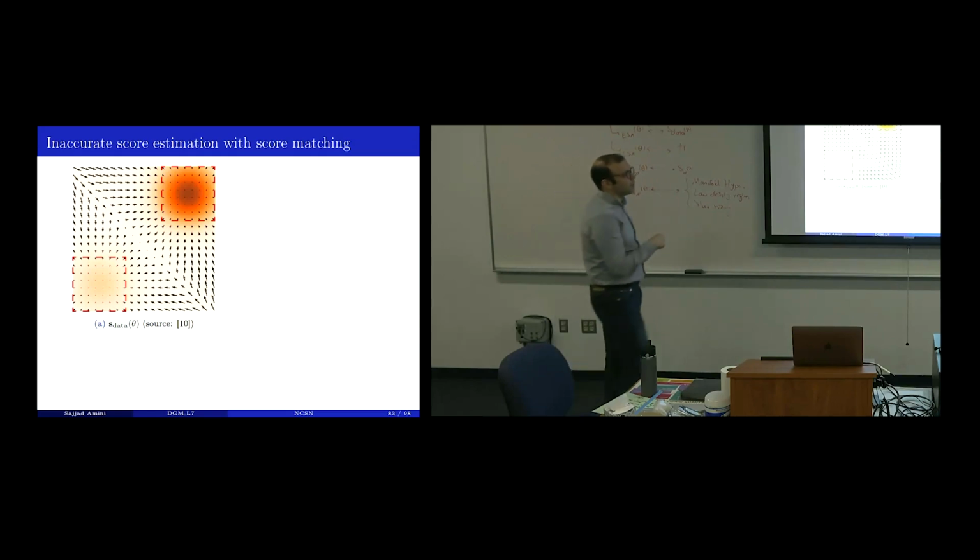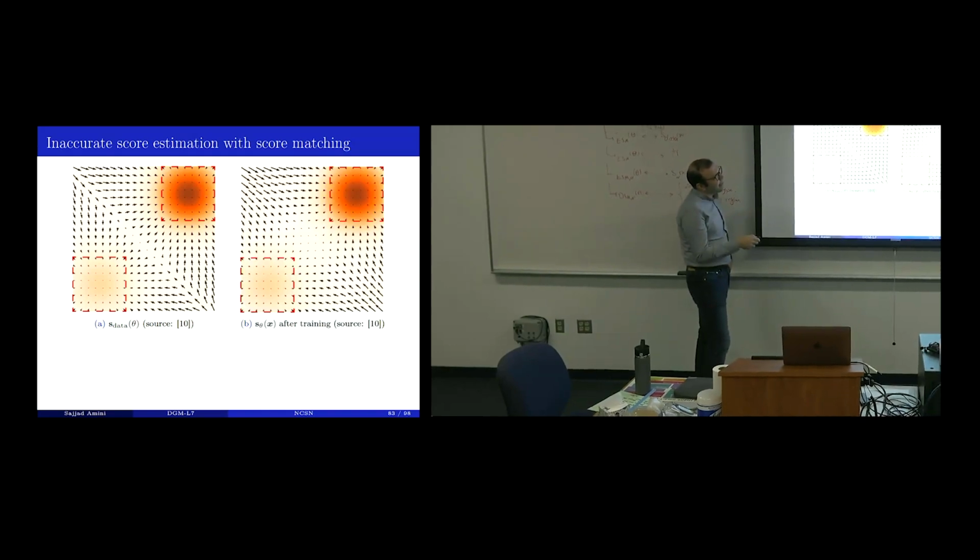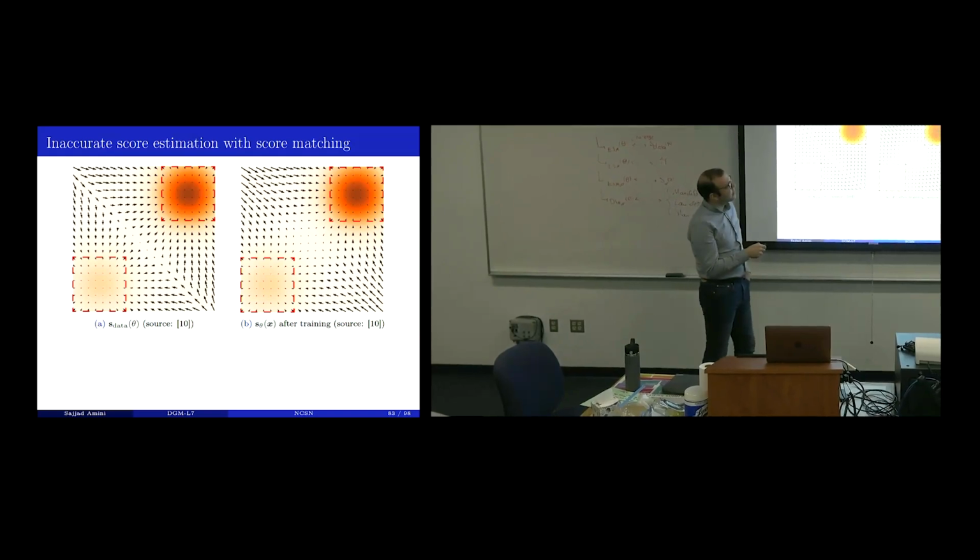The second problem is that if you have low density regions inside your space, then the estimation of the score matching, the denoising score matching or sliced score matching, in those spaces is not accurate. You can observe these 2 points. Although for the high density regions, everything is ideal.